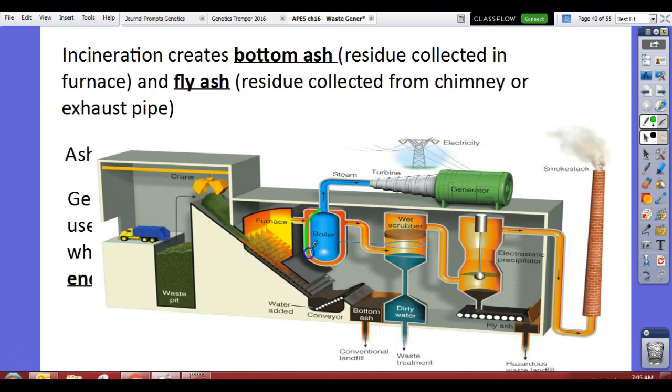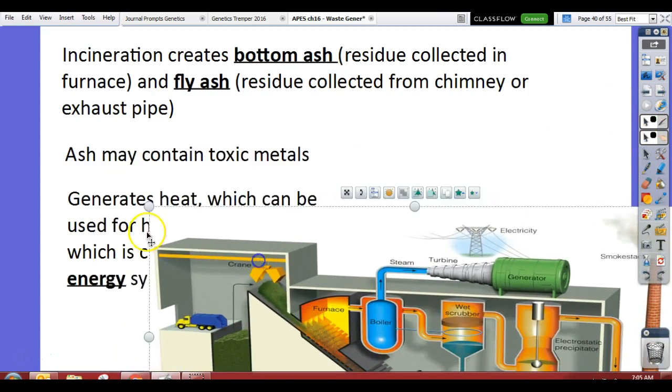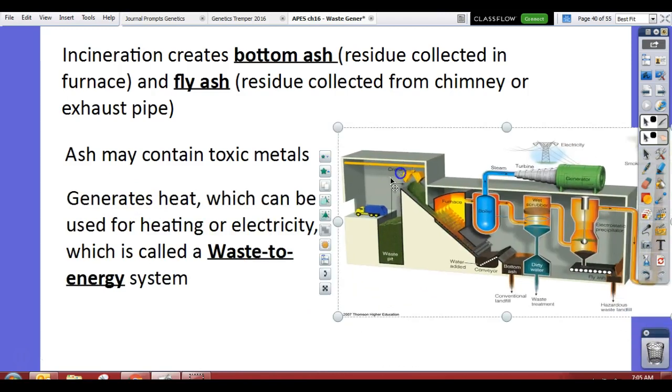So when we generate some of this ash, it goes into this thing called a scrubber because this ash is really toxic and really dirty. The ash may contain toxic metals. And so what they do is they have this thing called a scrubber to remove some of these toxic metals.